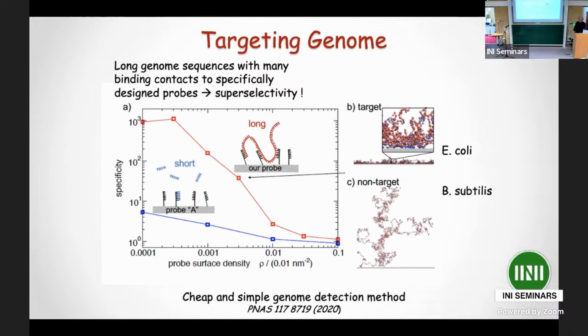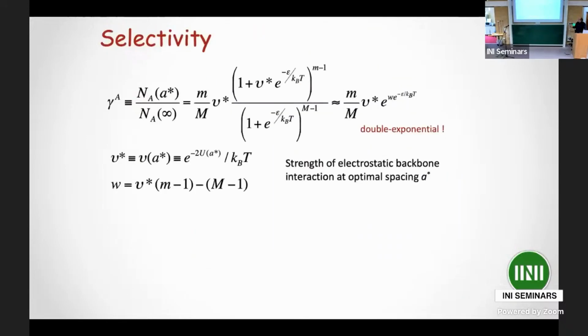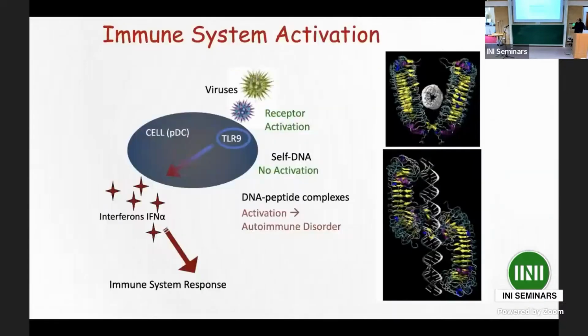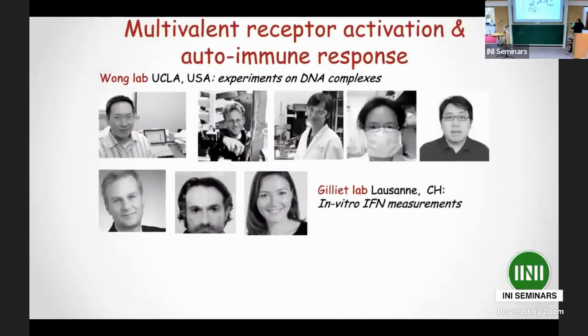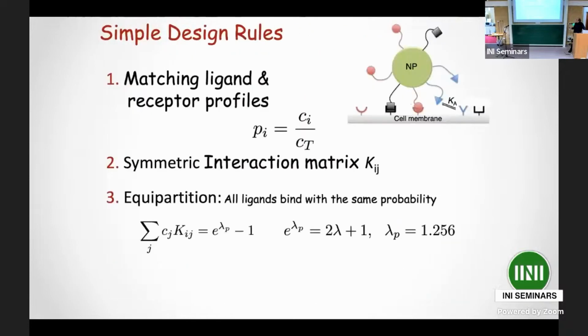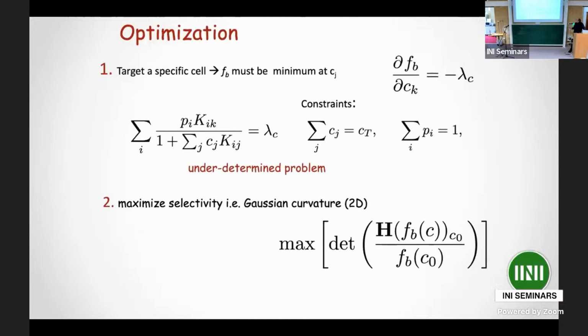It's possible that in some cases this would increase selectivity. One thing that is also important to consider is that it's not only the binding selectivity. Here we have maximized the selectivity, which is fine.